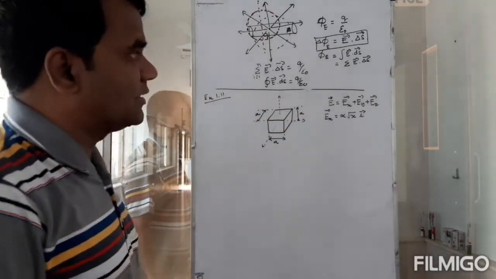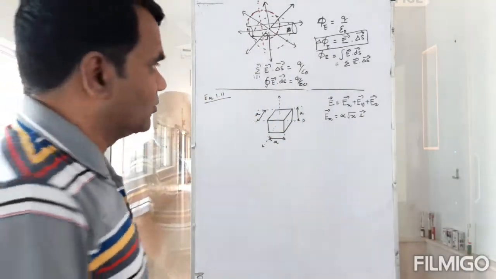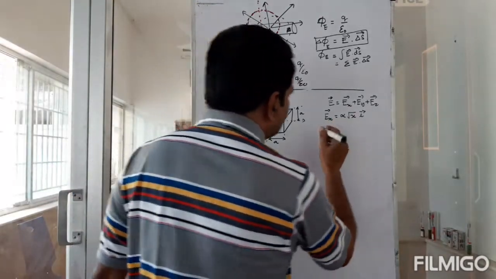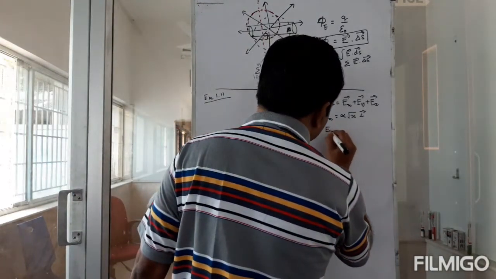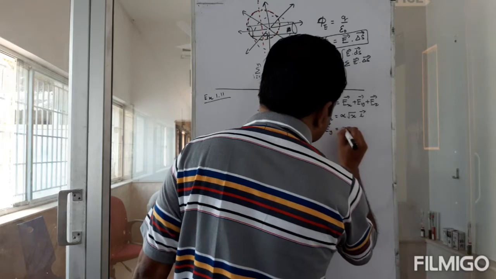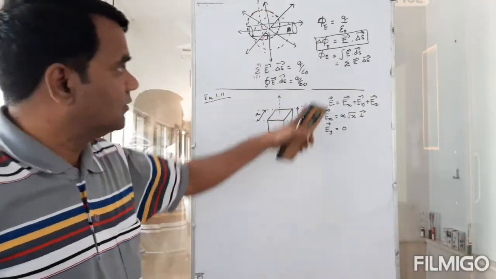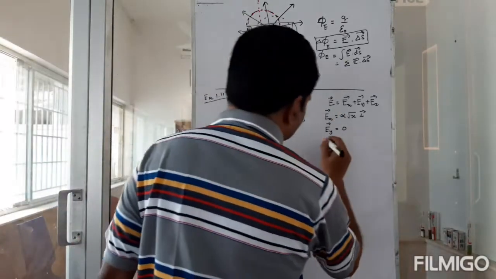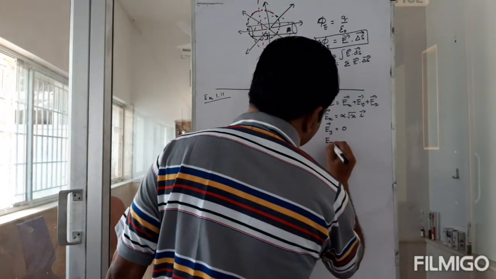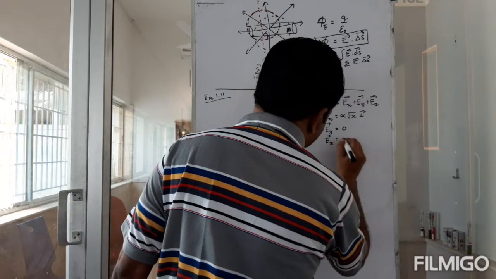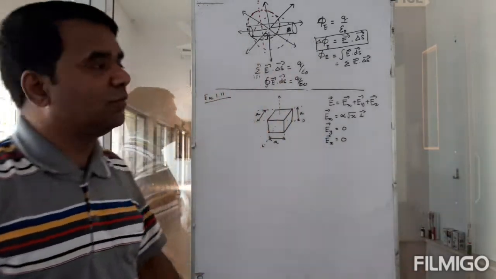Okay. So that's the vector we talk about. Okay. And Ey vector is 0. So there is no y component for that vector, E vector. And then what about Ez? And there is no z component also for E.